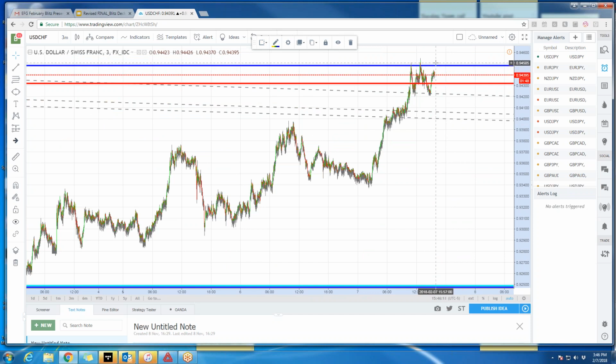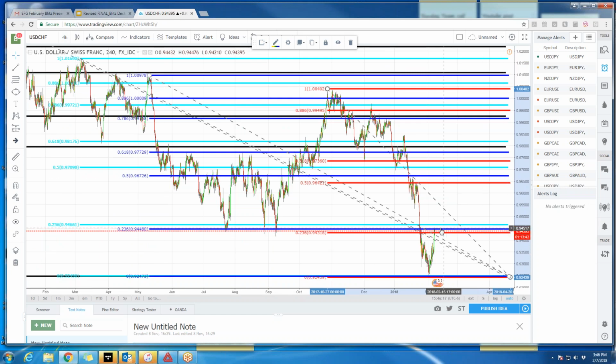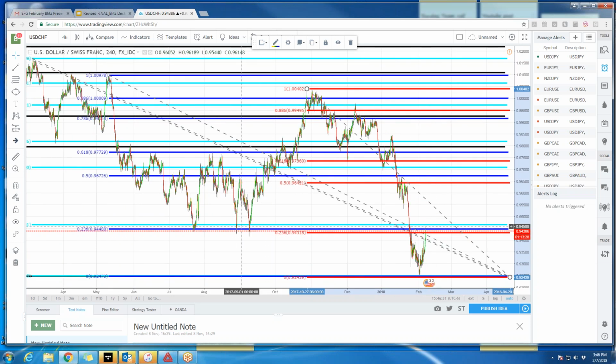If it breaks out over top of this turquoise 236, that means it's going to run to the 50. Because now, if it comes over here and closes, as you can see, strong support right in this area. It closed. That means she's ready to go.